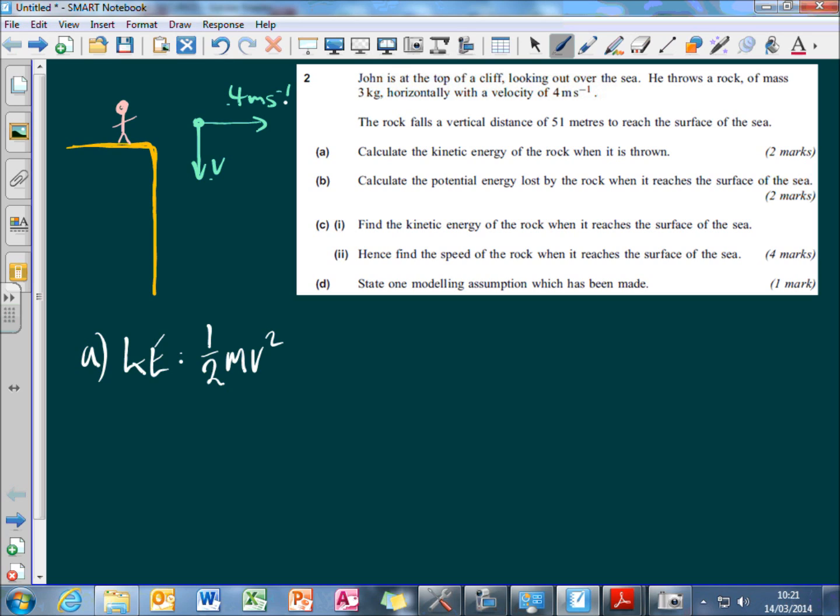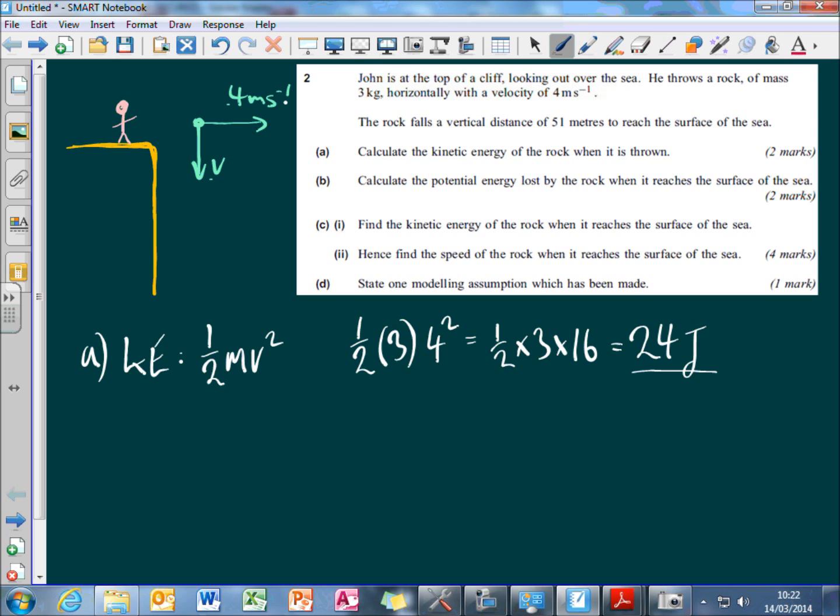So this is going to be 1/2. The mass is 3, did we say? And v squared, so that's 4 squared. So this is going to be 1/2 times 3 times 16. So that's 8 times 3, which is 24. What are the units? Joules, because it's an energy, right?